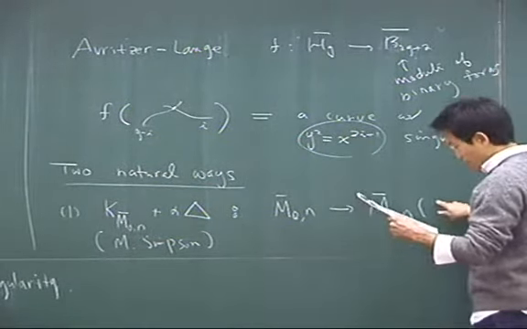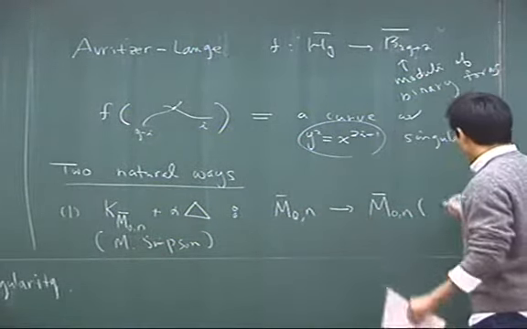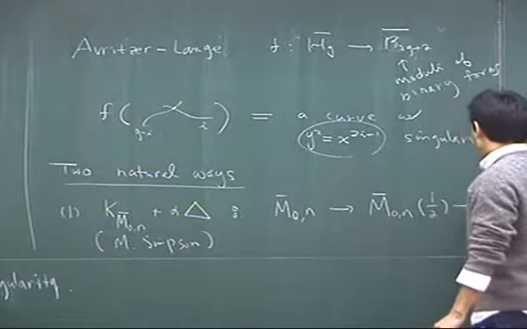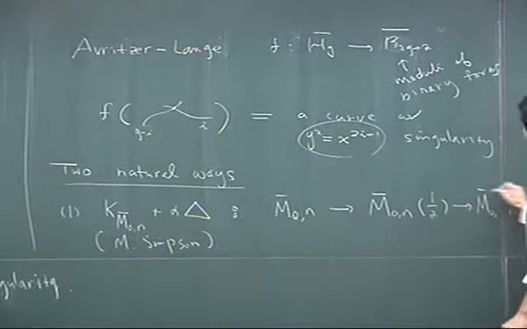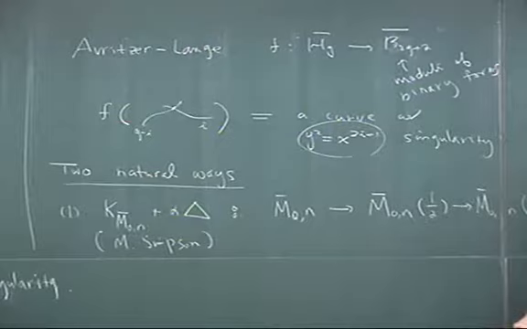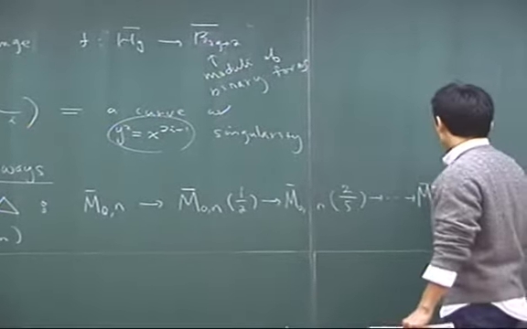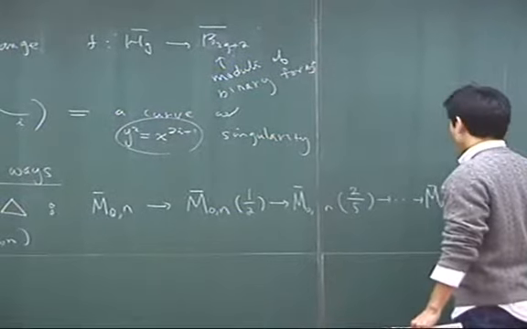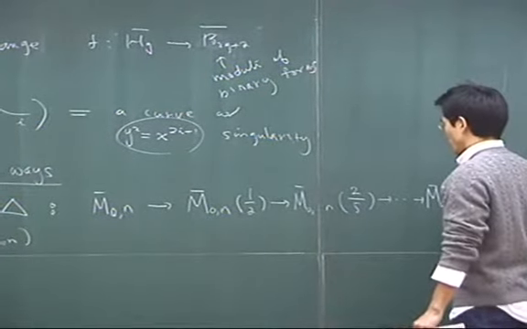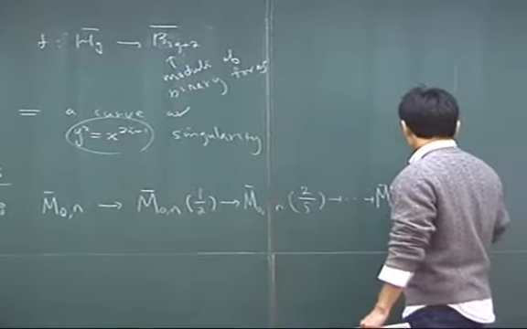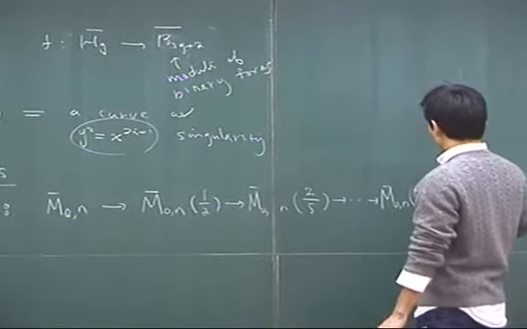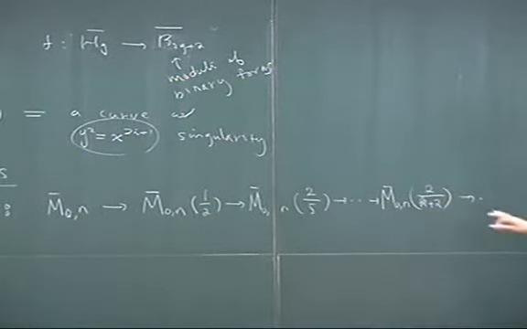And these critical values are simply 1/2 and 2/5 and so on. So the critical values are very simple. It's 2 over k plus 2, is it? I think it is. Something like that. It's a very simple formula.